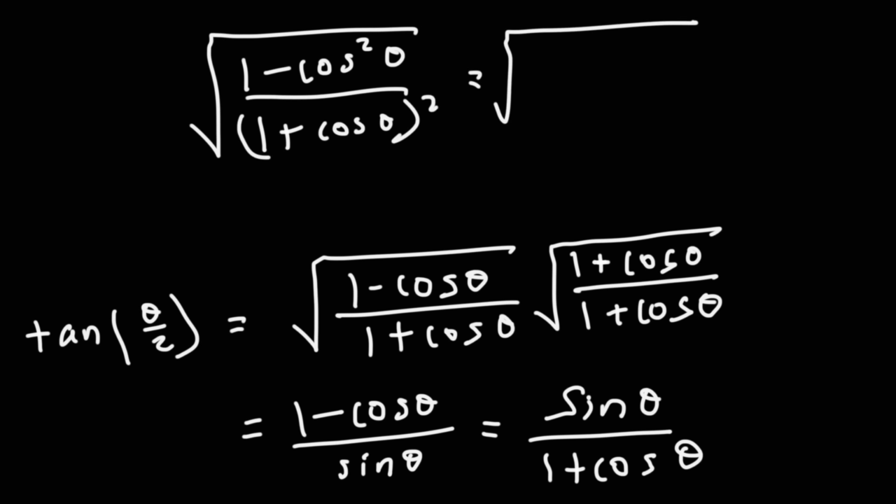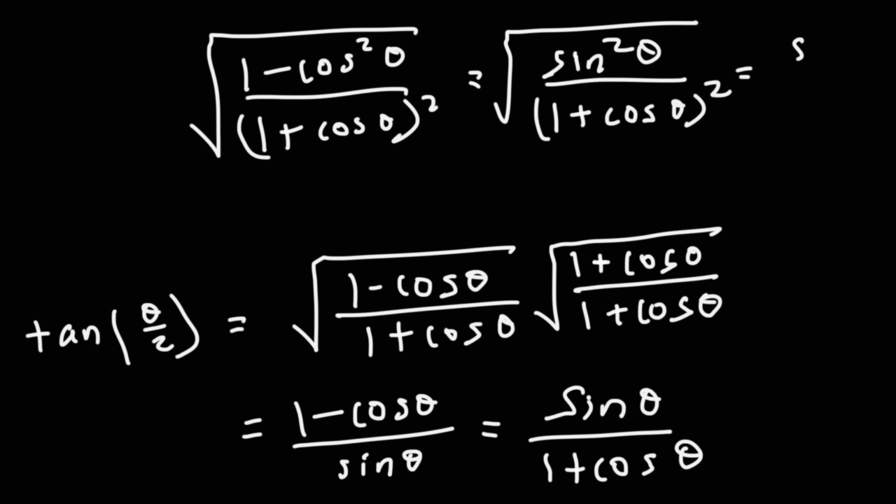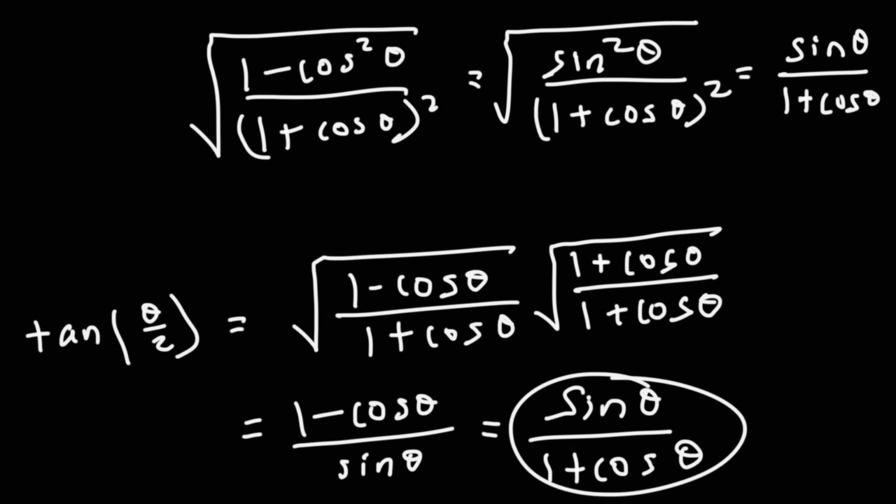And we know 1 minus cosine squared is sine squared. And the square root of sine squared is sine. The square root of 1 plus cosine squared is just going to be 1 plus cosine. And that will give us this form of the equation.